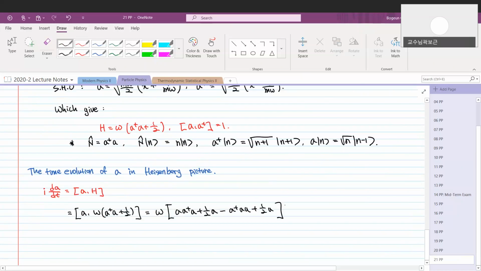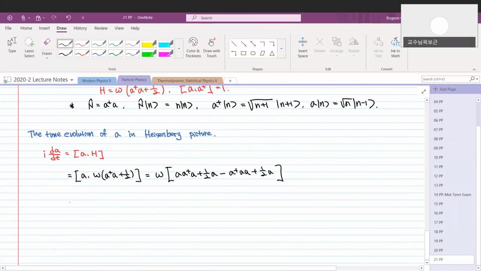Then this can be omega times (a dagger a minus a a dagger) a. So this is just omega a.